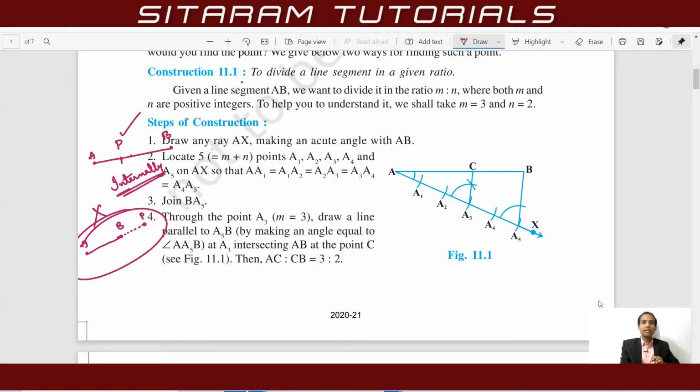Then we say P divides AB line segment internally. This is called internal division. But if P is lying outside of AB, then we call it as P divides AB externally. These type of problems are not going to be there. Only internal division problems are going to be there. So construction 11.1, this problem is there.